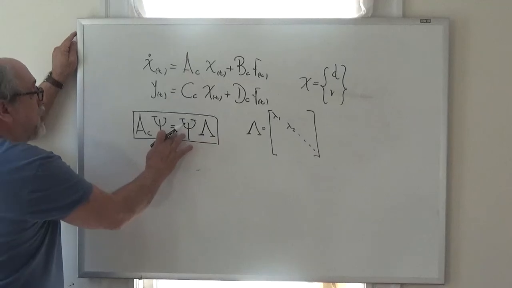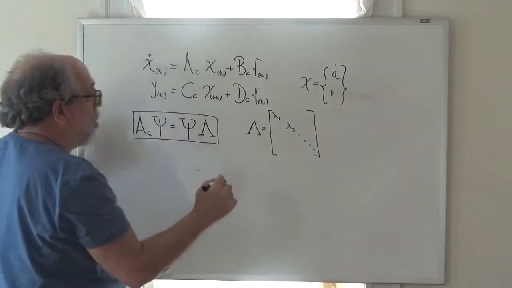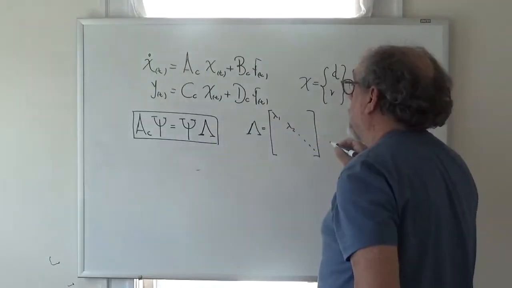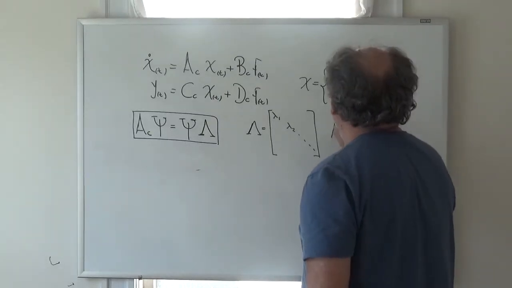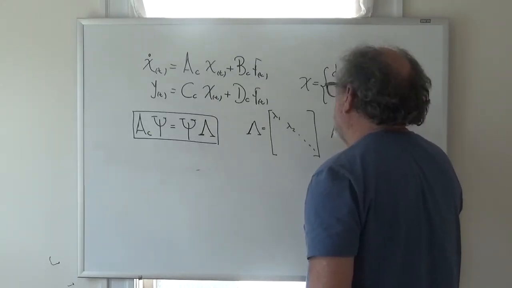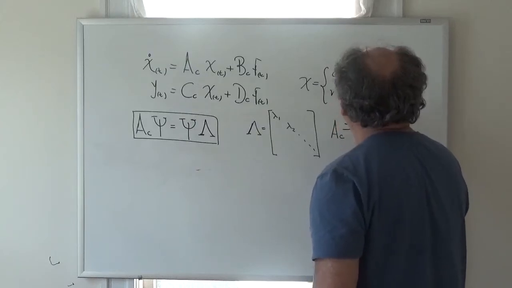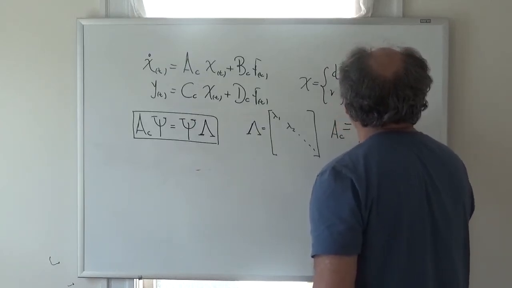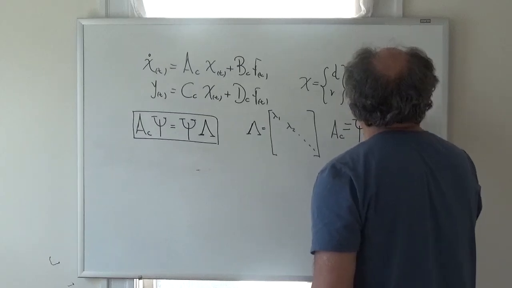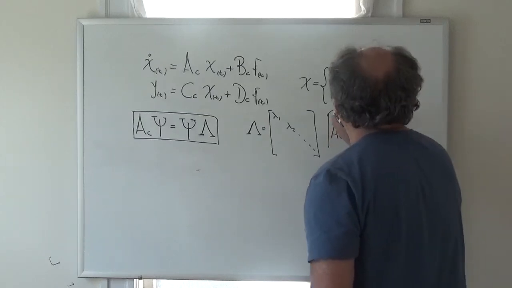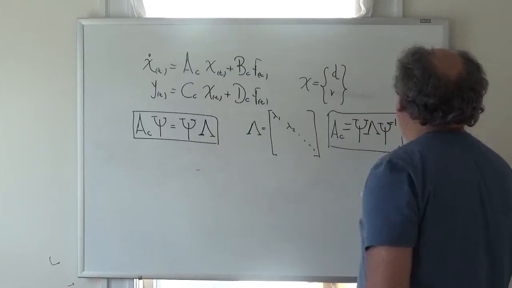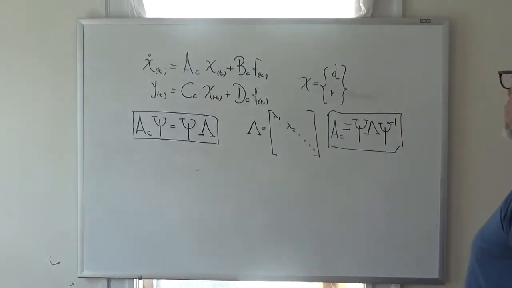Now, if that is true, then it follows, post-multiplying times the inverse, that A_c is equal to phi times lambda times phi to the minus 1. And we've done that in class several times early on, right? So that's the decomposition of A_c.